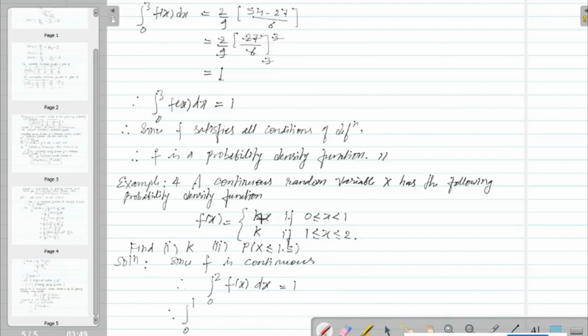For this we have the function kx, so we have the function kx dx, plus the second limit running from 1 to 2, and your function will be k dx, and the total sum is equal to 1. Now integrate this.